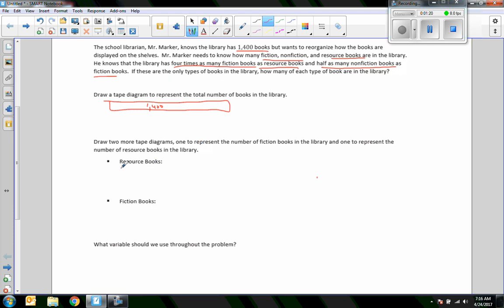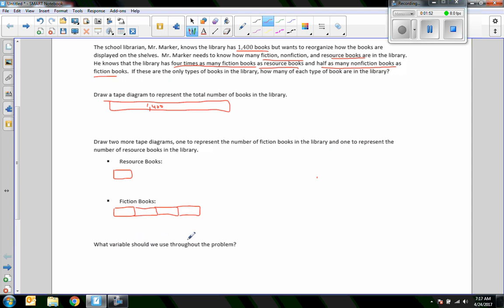So if I start with resource books, and I look up here at fiction and resource, it says he needs to know how many fiction, and 4 times as many fiction as resource. So if I make resource a box this size, and there's 4 times as many fiction, I need 4 of these same size boxes on my tape diagram. So there is fiction books.